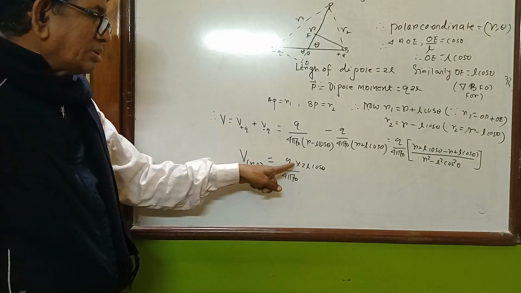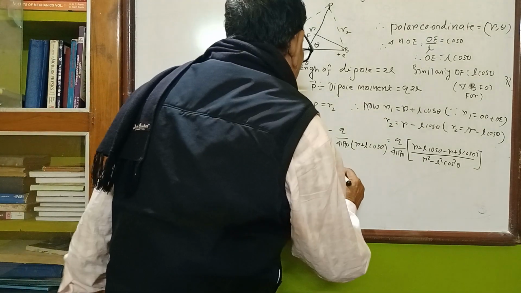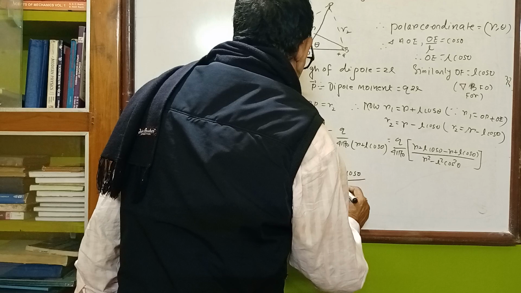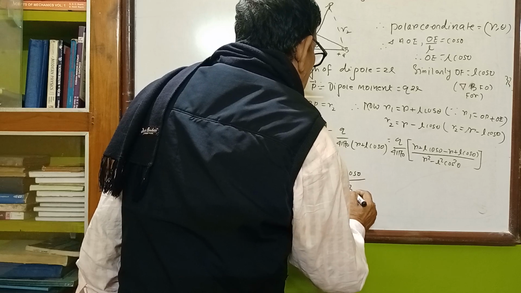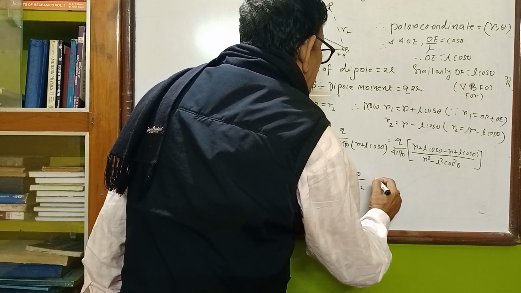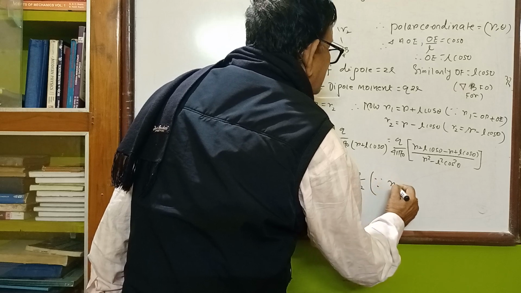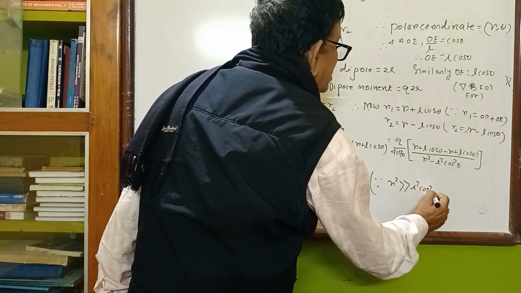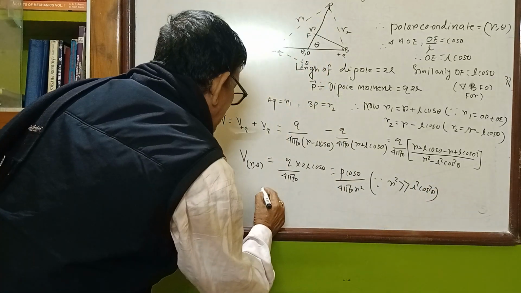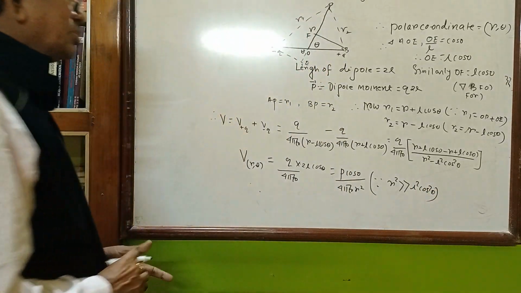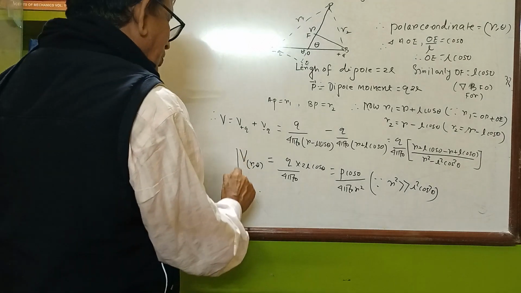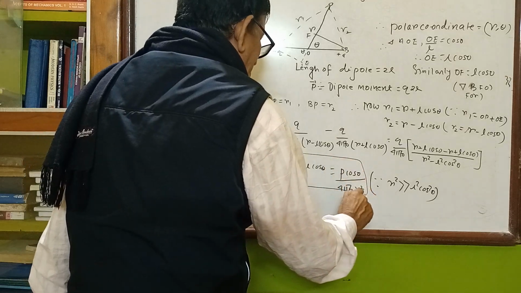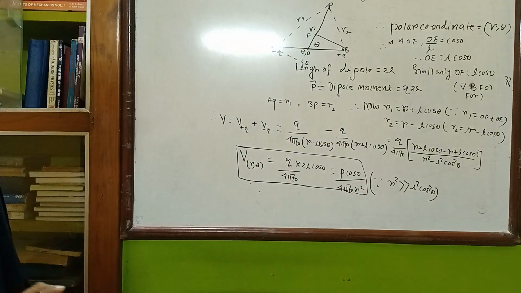Already q and 2L equal p, so p cos theta over 4 pi epsilon naught r square, since r square is greater than L square cos square theta. So the potential for r, theta is p cos theta by 4 pi epsilon naught r square.